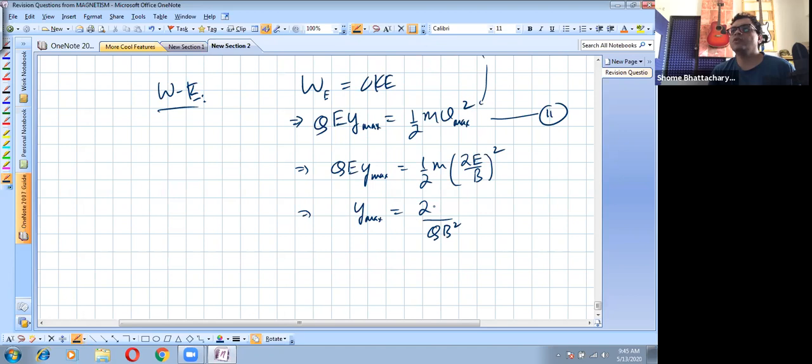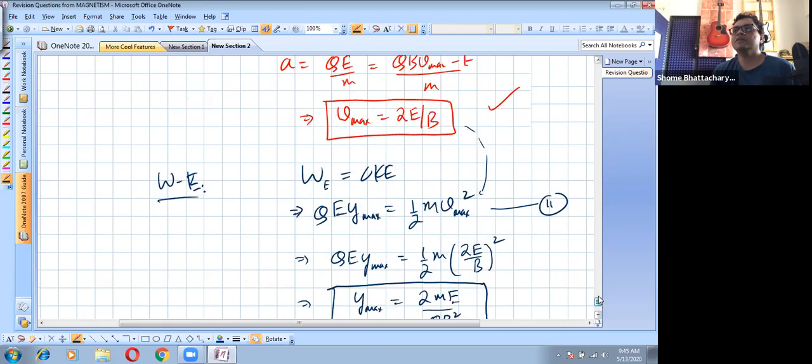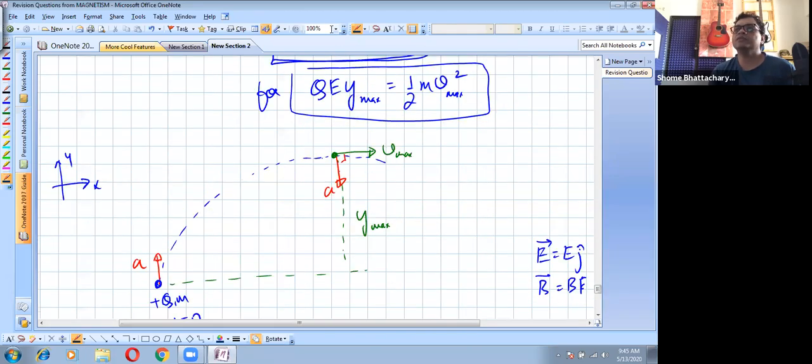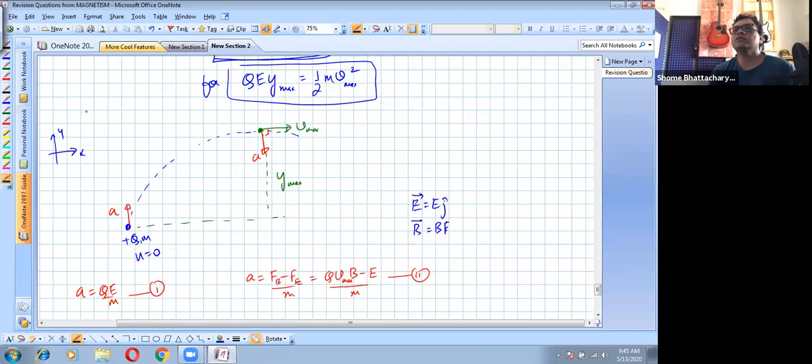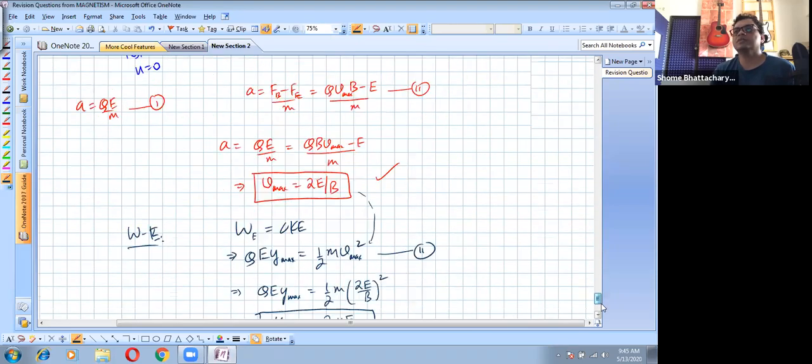All these things we got from the differential equation method earlier, but this is just to show you how we can get this by a very quick shortcut method. With the shortcut method, this is all I had to do to find Y maximum and V maximum.